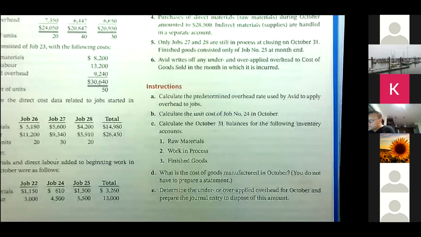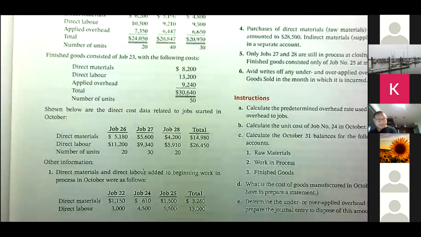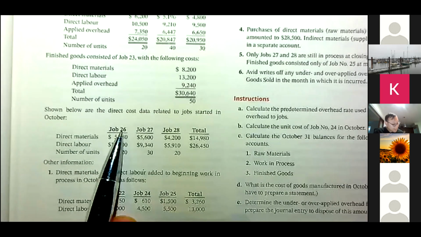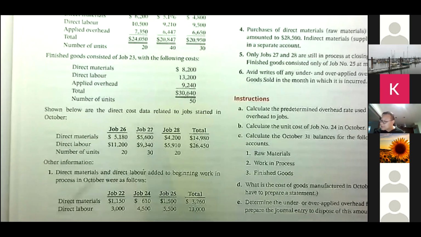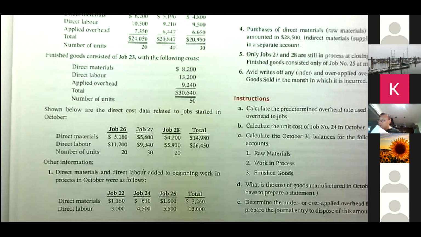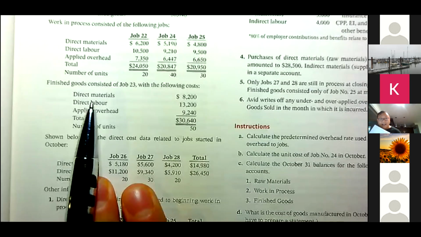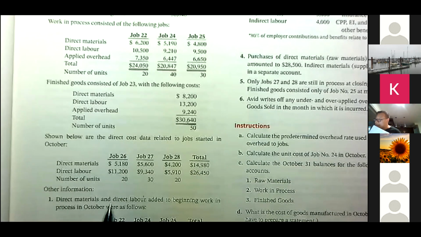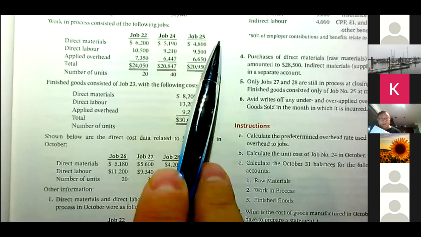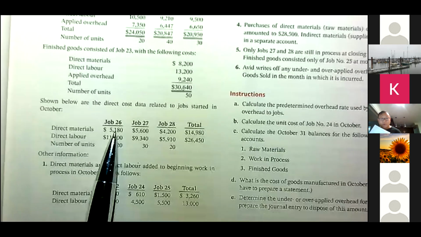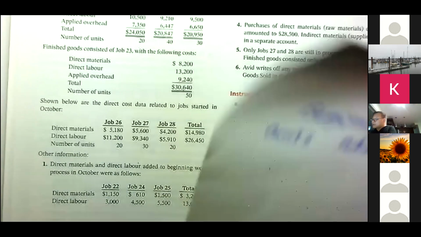For job 26, there's no opening balance; 26 is new in October. So the only cost is this number.